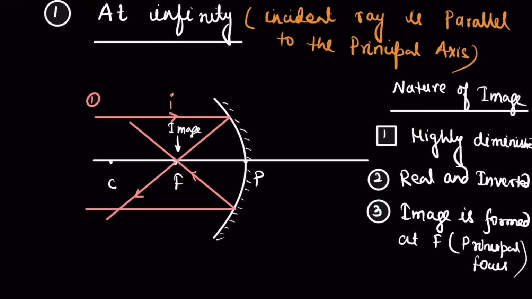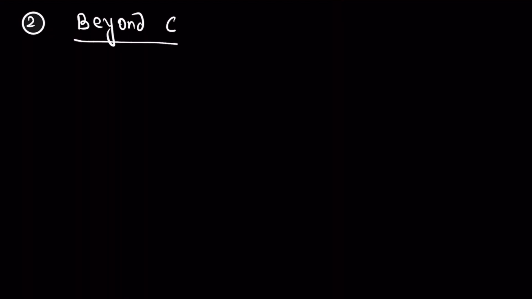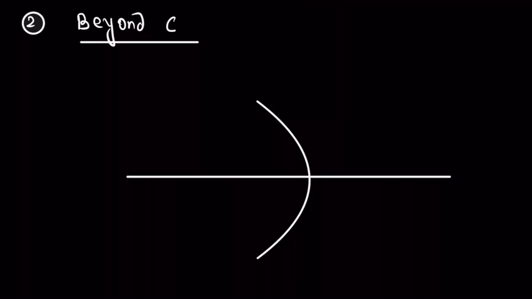Let's move to the second image formation, when the object is present beyond C. So we can draw a concave mirror, principal axis, pole, focus, center of curvature. And here is our object.